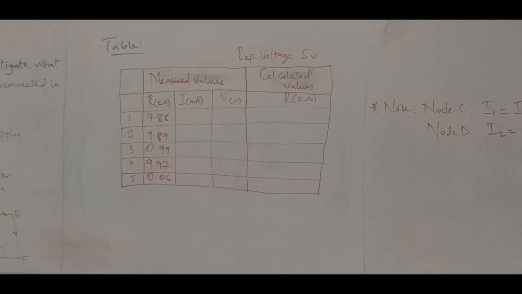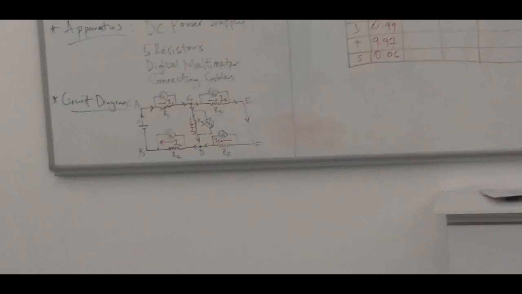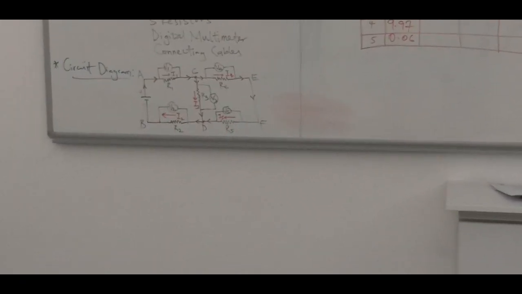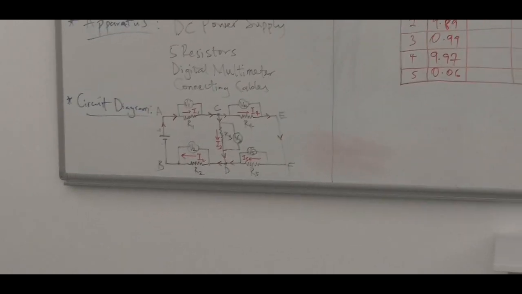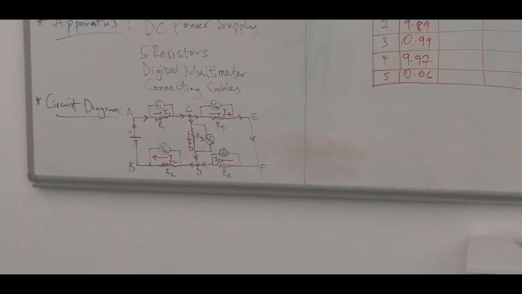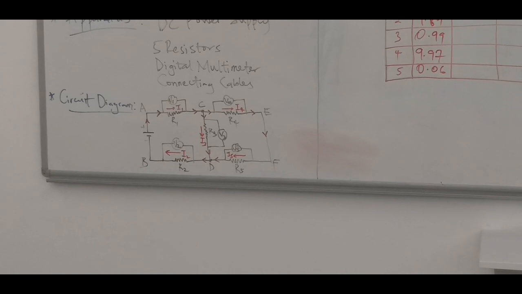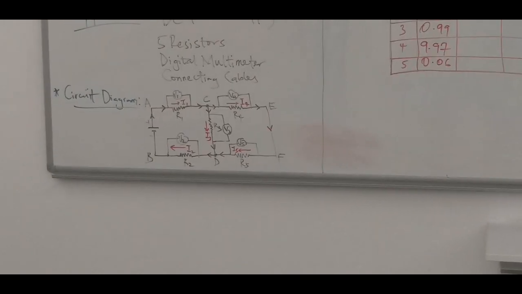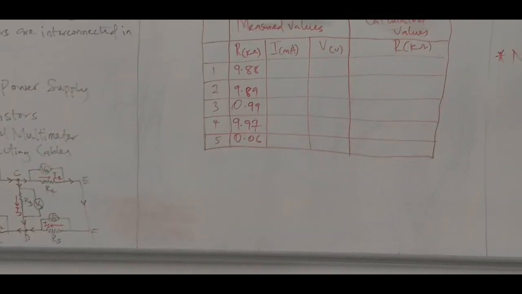interconnection now. According to the circuit diagram, like I said, in all the experiments we've been having, 1, 2, 3, and now 4, we follow the circuit diagram. Am I correct? Good. So just like the previous ones, we're going to follow the same thing today again.